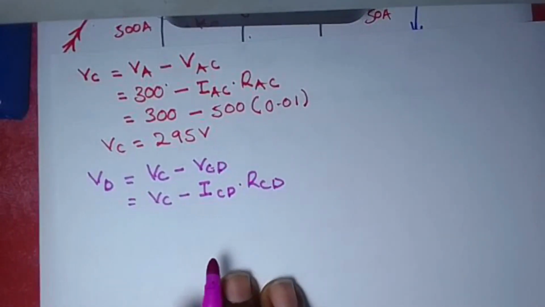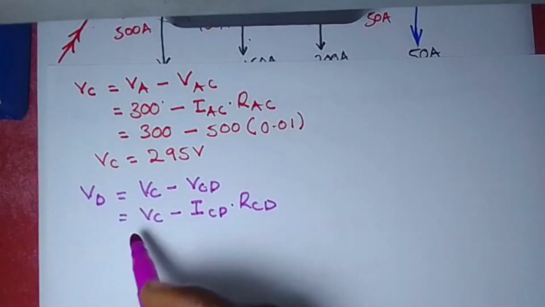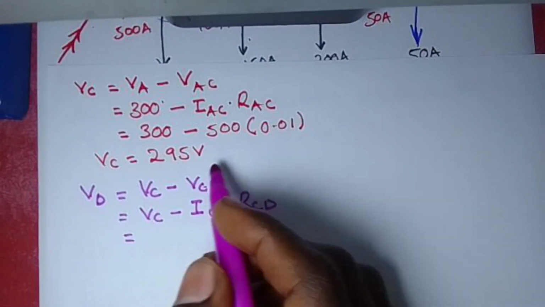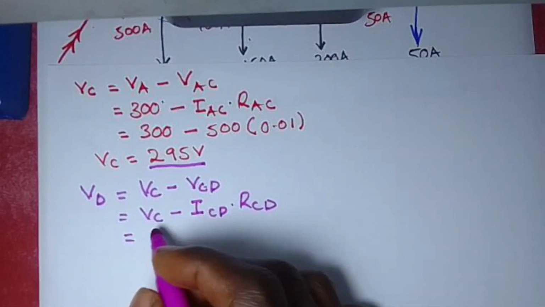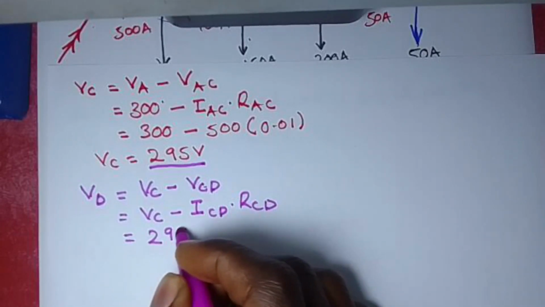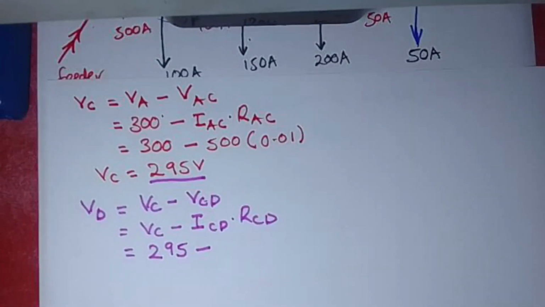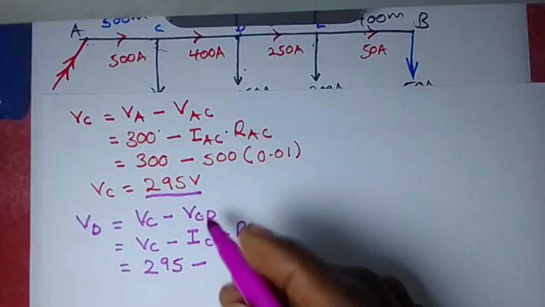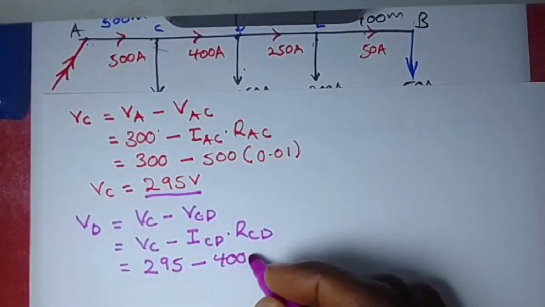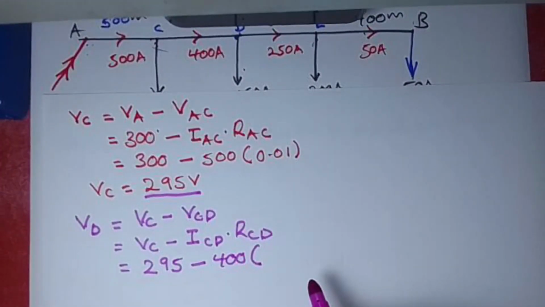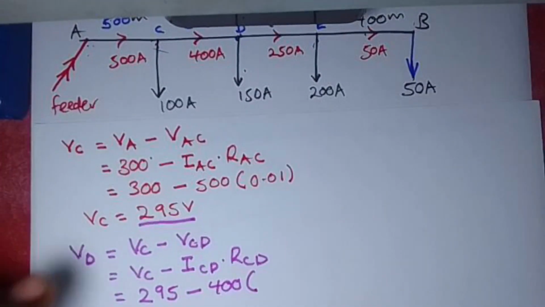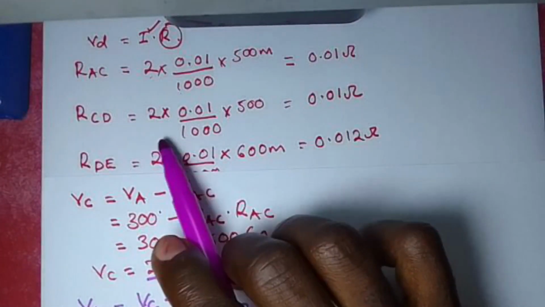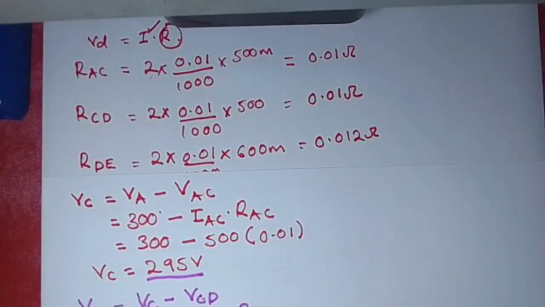So this VC is the value that we calculated earlier on. So our VC is this previous value of voltage, which equals 295, minus ICD. Our ICD is going to be this 400 amps, which is 400, times the resistance across CD. Now the resistance across CD is what we calculated earlier on, and we got this particular value of 0.01.